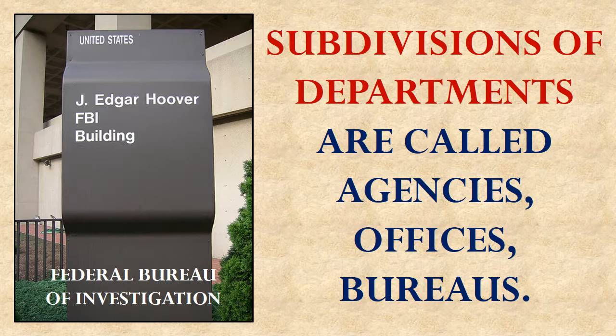So you have the national government, executive branch, divided up into 15 departments. One of those 15 departments is the Justice Department, headed by the Attorney General of the United States. And then that's further subdivided into other units, and one of those is the Federal Bureau of Investigation. And every department is divided up into smaller units like that also.